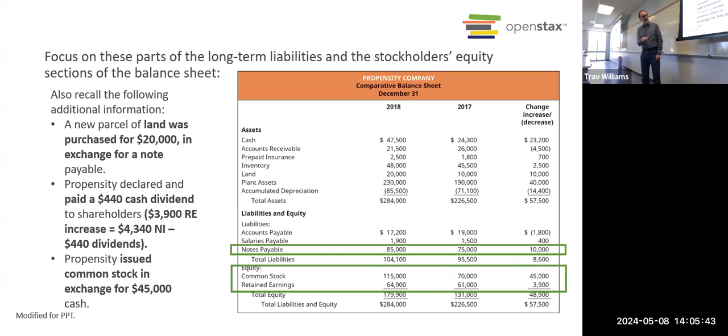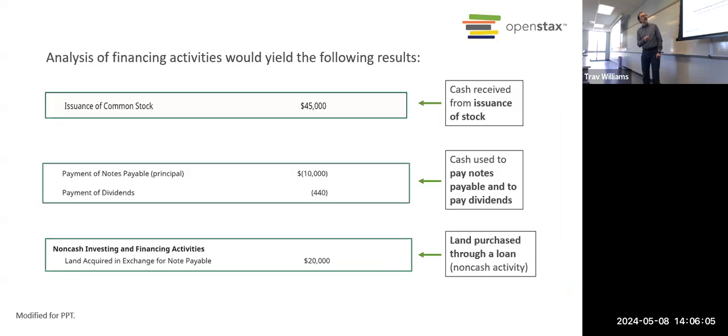We can see our retained earnings went up. If you take the increase in retained earnings, it's equal to the increase in net income minus any dividends that we paid out. Okay, so again, we had the money that came in from selling stock.